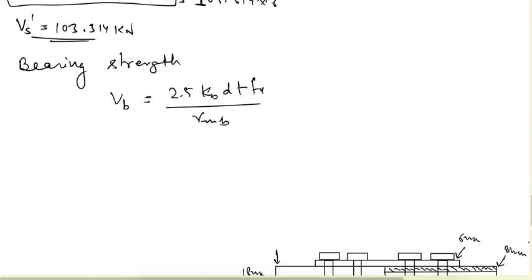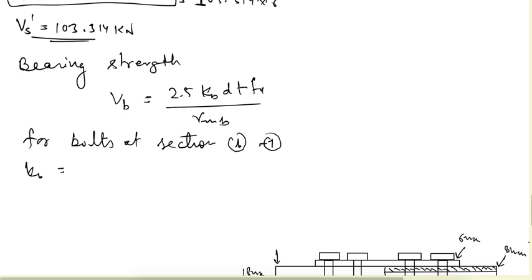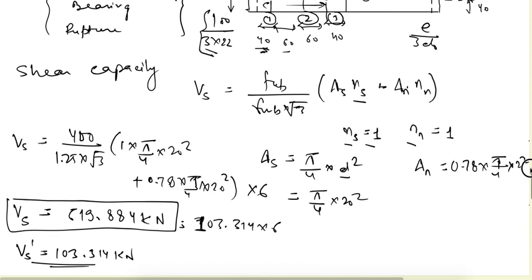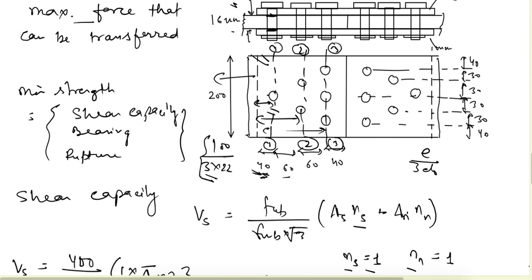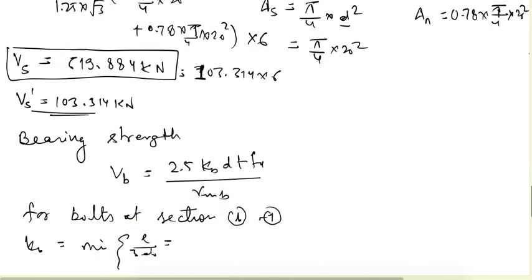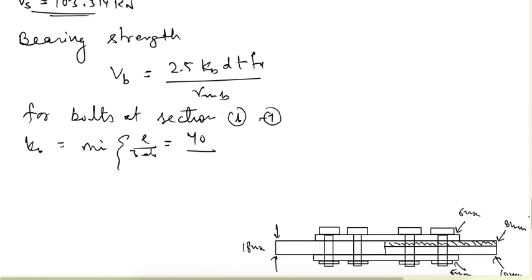So let's see here. For bolts at section 1-1, kb is equal to the minimum of e upon 3d0, where e here is 40, so 40 upon 3 into 22, that is 66, and p upon 3d0 minus 0.25.